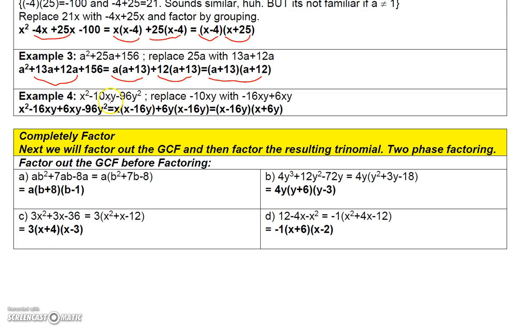So now if we replace -10xy with -16xy plus 6xy, then we can factor an x out of the first two terms and get x times x minus 16y, and then factor a 6y out of the second two terms, and we get 6y times x minus 16y, and again you can see the common factor here of x minus 16y, and if you factor that out you get x minus 16y times x plus 6y for the factors.